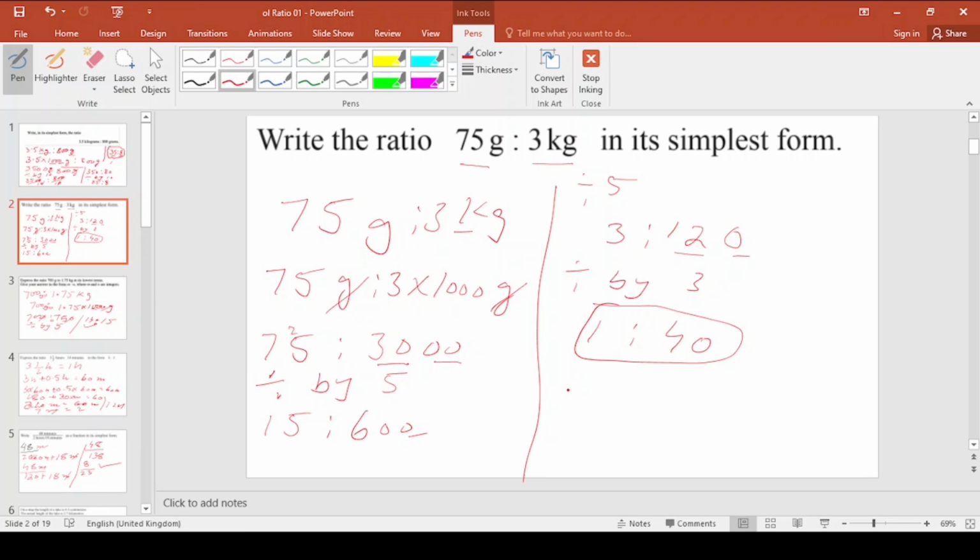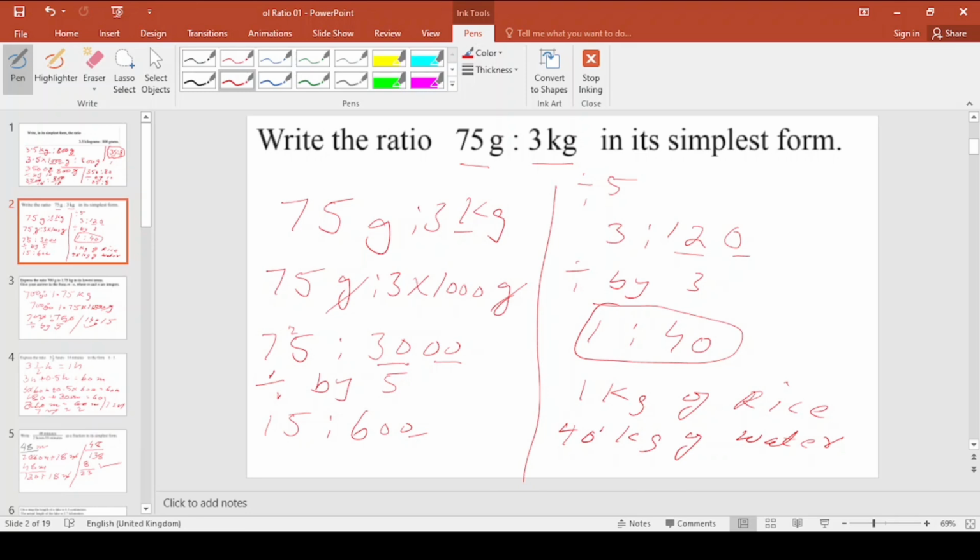To understand, if we are supposed to boil some quantity of rice, so let's say if there is 1 kilogram of rice there are 40 kilograms of water, which means for 1 kilogram of rice, we have to use 40 kilograms of water. This is just an example to understand the ratio.